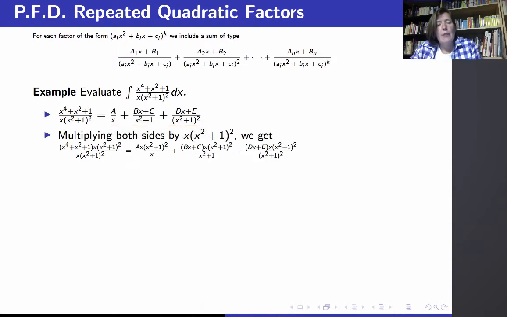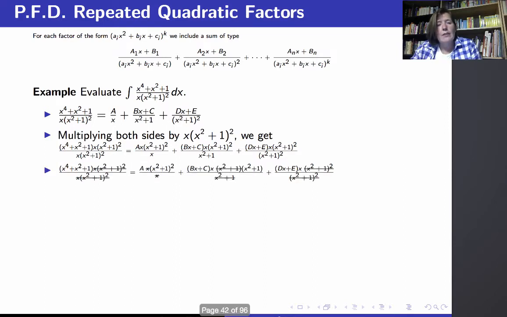And we now must solve for these unknown coefficients. And remember, the trick is always to multiply by the denominator on the left-hand side, the denominator of our original rational function, and then to cancel whatever we can on both sides of this equation. So on the left-hand side, we end up with x to the 4 plus x squared plus 1.